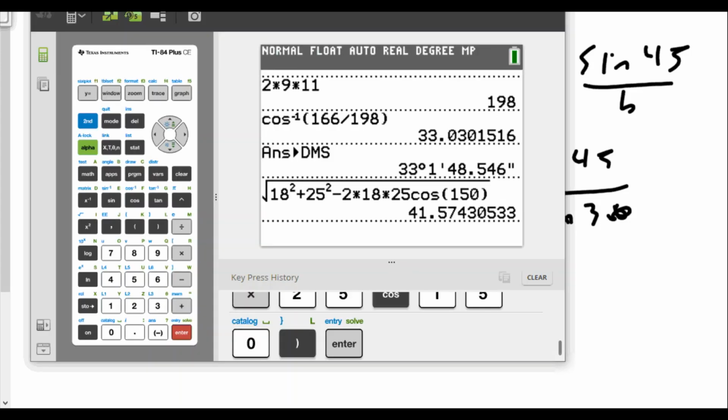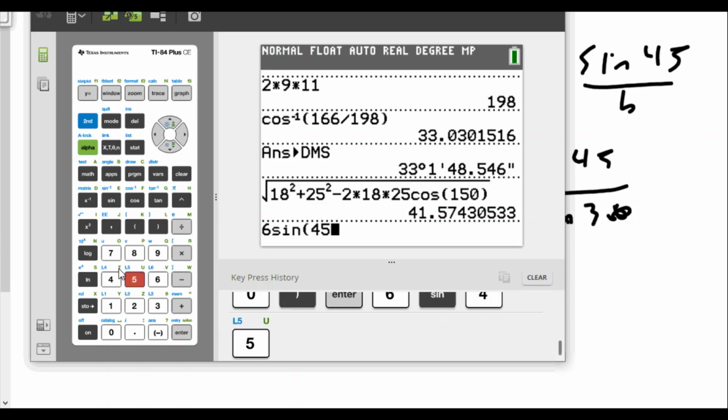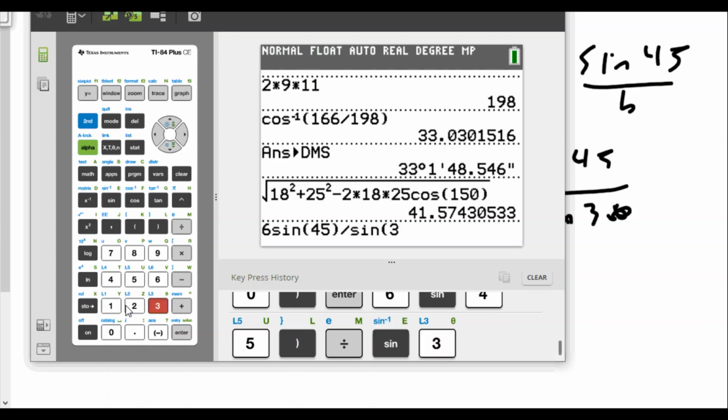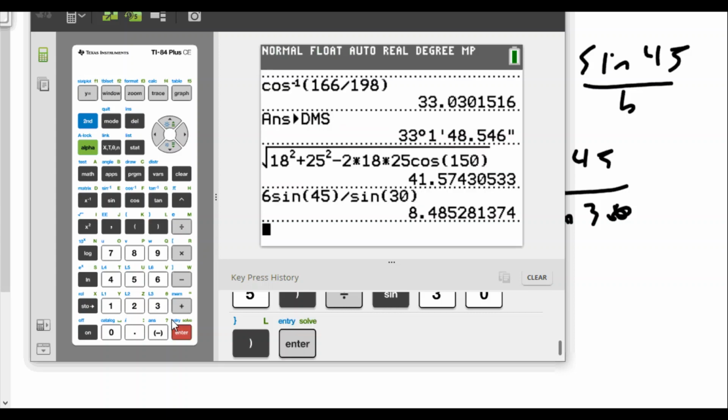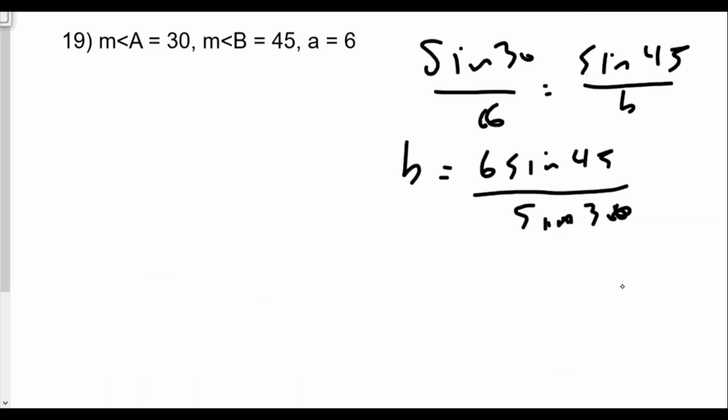So 6 sine of 45, close parenthesis, divided by the sine of 30. And we had 8.48, so about 8.5. So B is about 8.5.